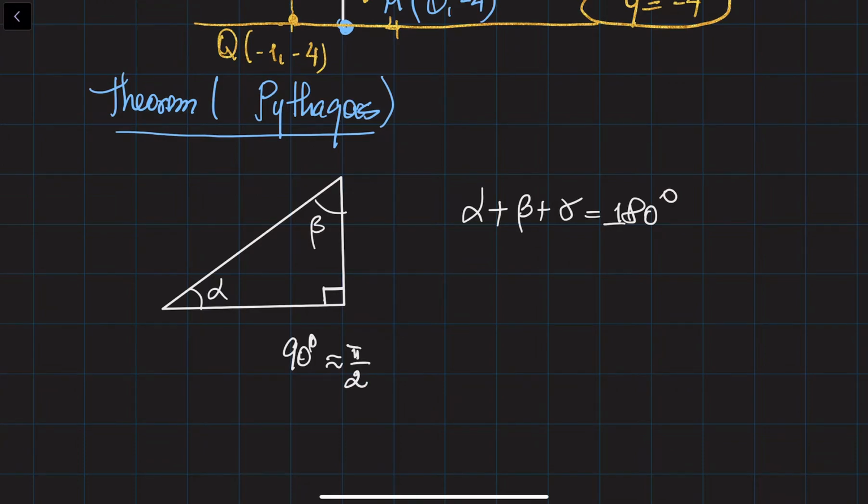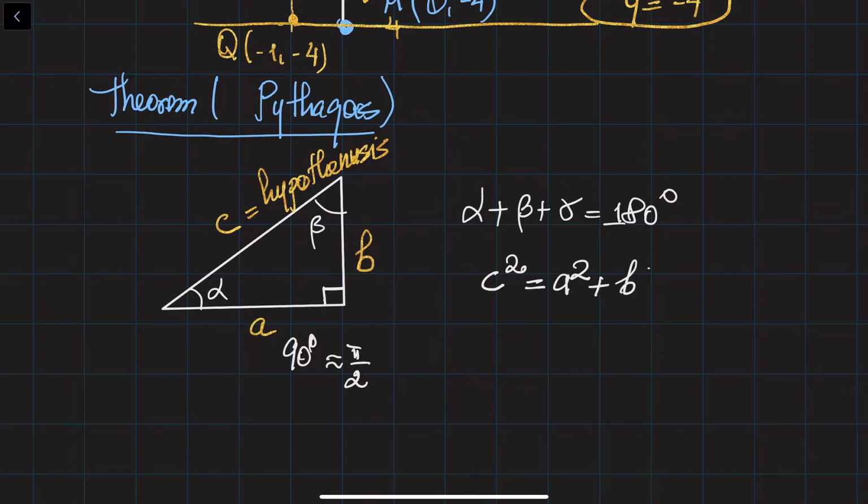For this triangle, there is a theorem which relates the lengths of the 3 sides. If you know the lengths of the 2 smaller sides of this triangle and the length of the longest side, which is also called the hypotenuse, then the theorem states that c squared is equal to a squared plus b squared.